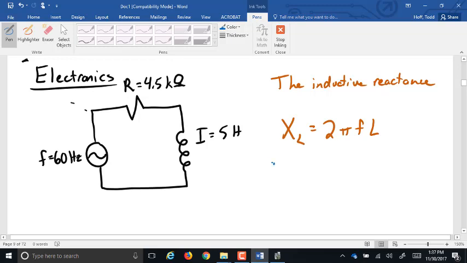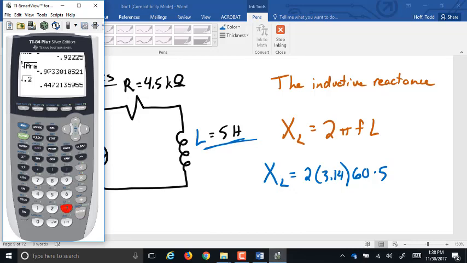So the inductive reactance here, 2 times, we're going to go 3.14 times what's F? 60 hertz times what's L? That's the 5 Henries. I don't know why I put I there. That should be an L.